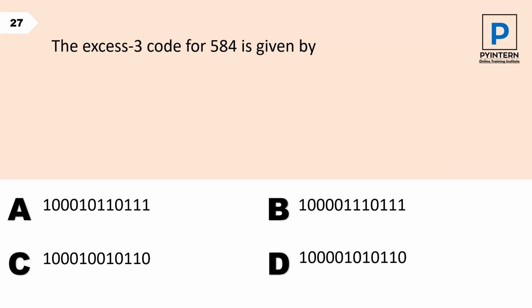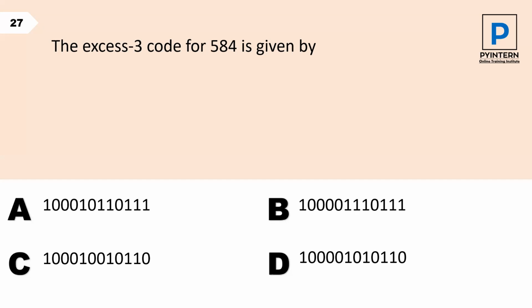The resultant output is known as the excess-3 code. Another method is to add 3 to each decimal digit and then convert each digit into binary form.